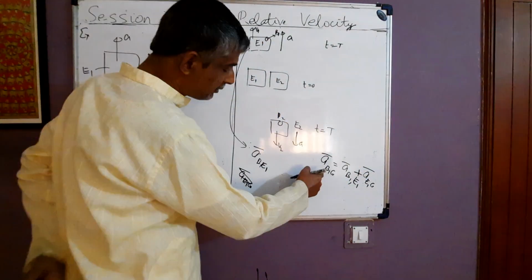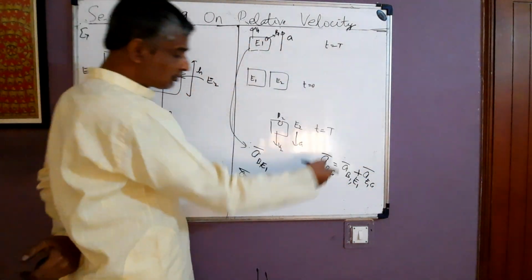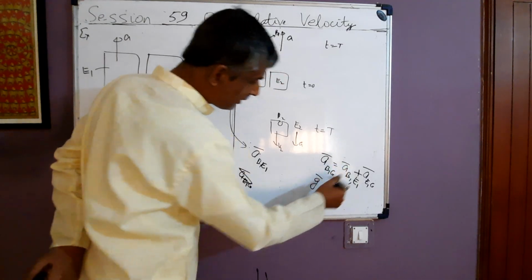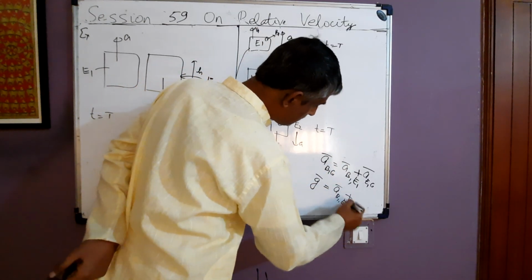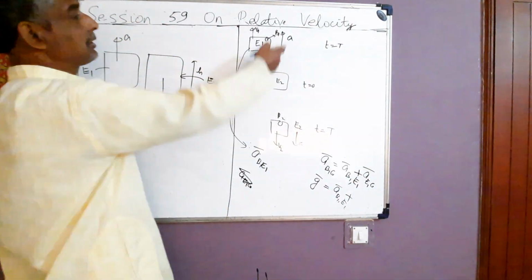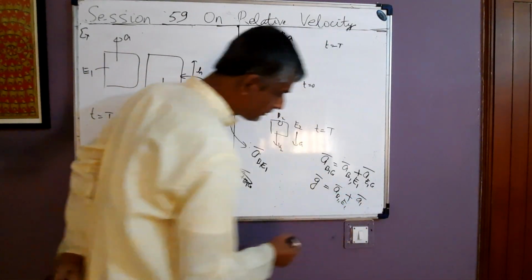Now A B1 G is the acceleration of bolt B1 with respect to ground, which is just vector g in downward direction. A E1 G is the acceleration of E1 with respect to ground, which is a in upward direction, let's call it vector A1.